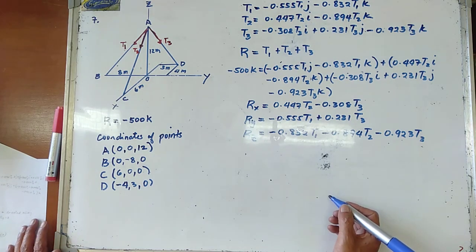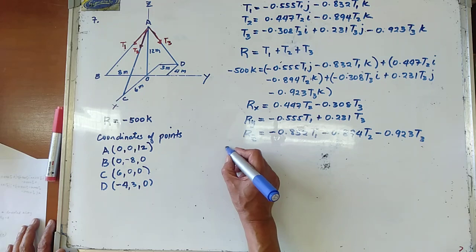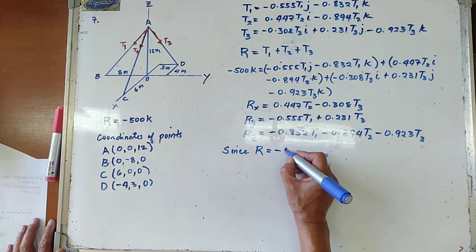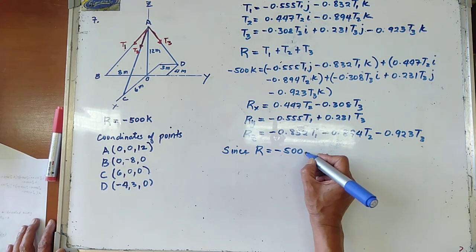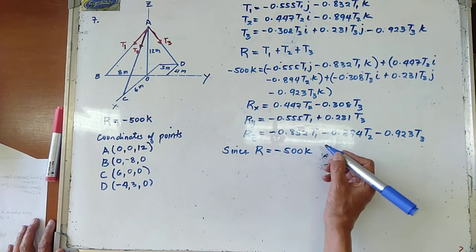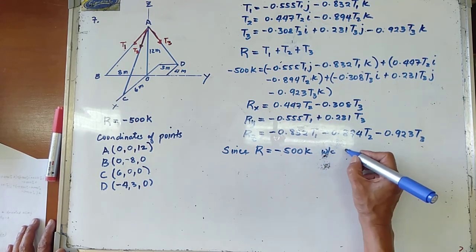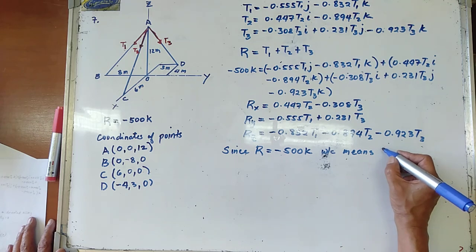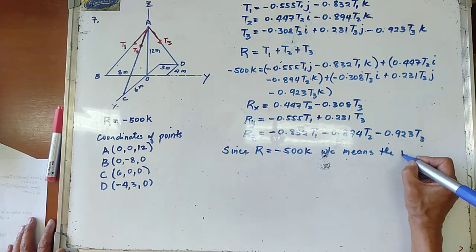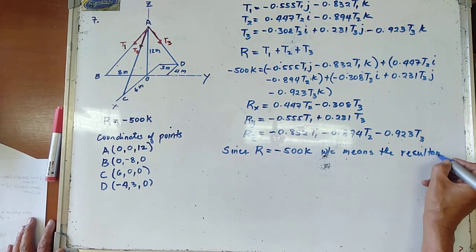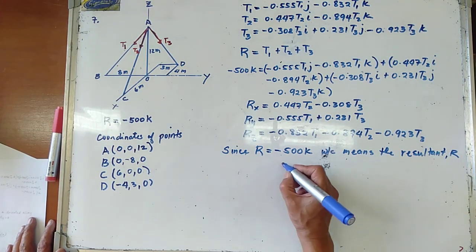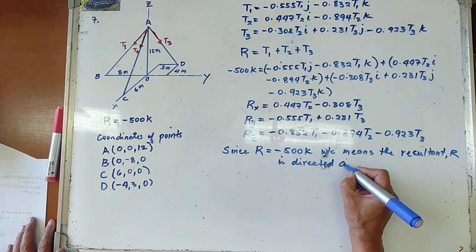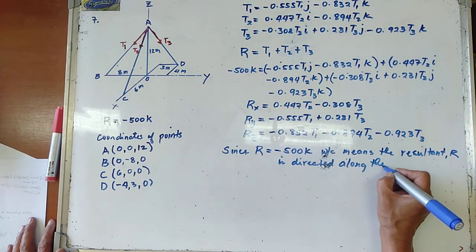Now, since the resultant R is equal to negative 500k, this means that the resultant R is directed along the Z axis.